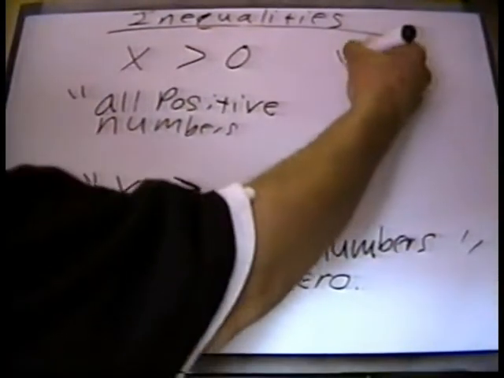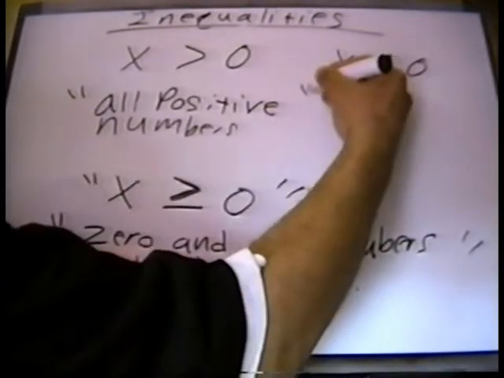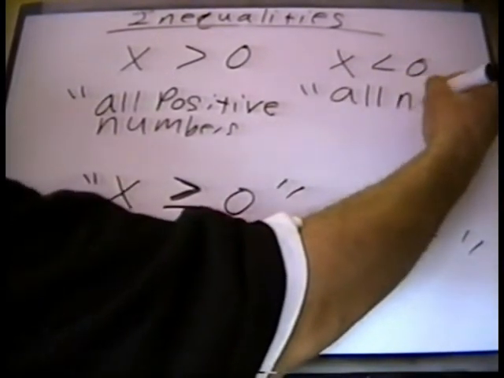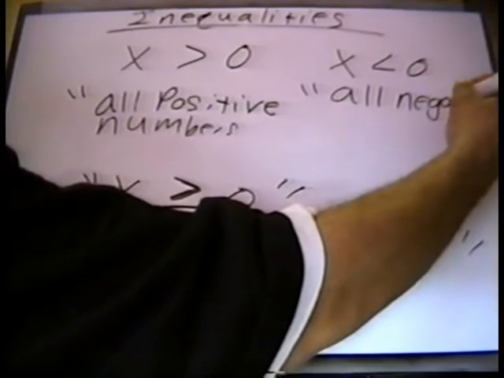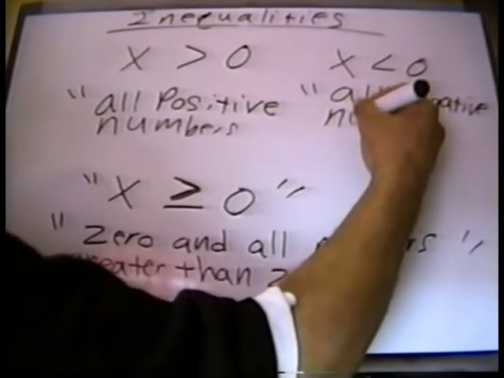And of course, x less than 0, that means all negative numbers. All the negative numbers, all of them, all negative numbers.